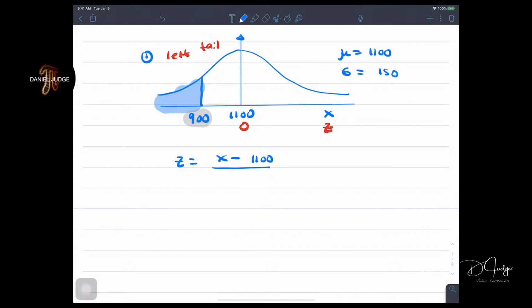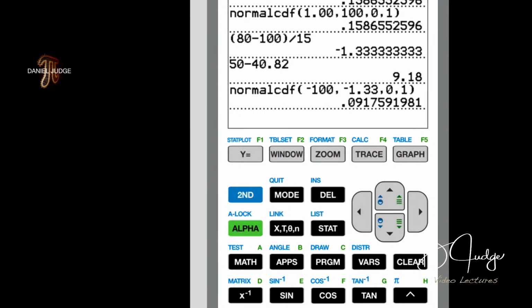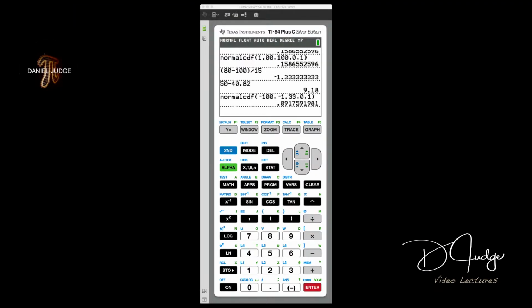It's 1100. Standard deviation is 150, ladies and gentlemen. So we're going to convert 900. That means 900 minus 1100 divided by 150. Approximate your z-score to the nearest hundredths. And let's see what happens.